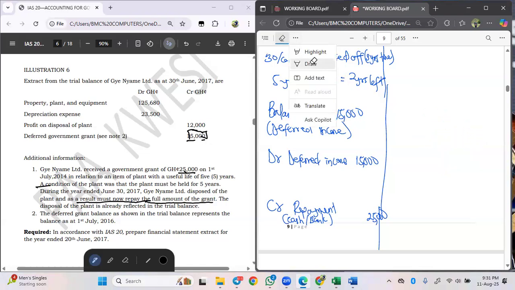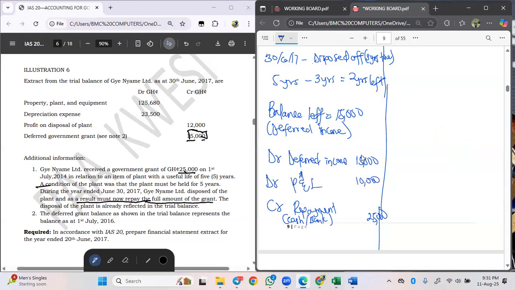You are asked to pay the full amount of 25,000, but in your books you have only 15,000 left. That means the remaining 10,000 should go to P&L, debit P&L. If you are debiting P&L, it means you are treating it as what? Expenditure. So here, repayment.